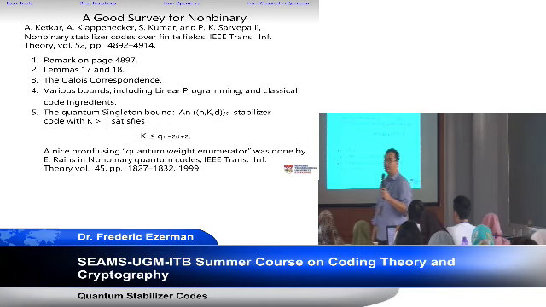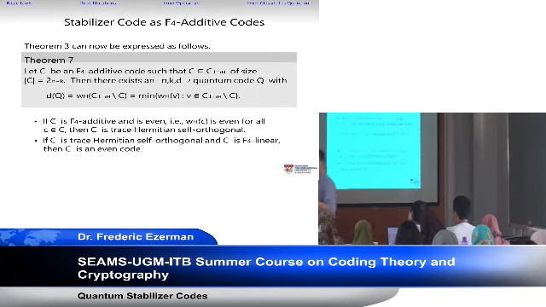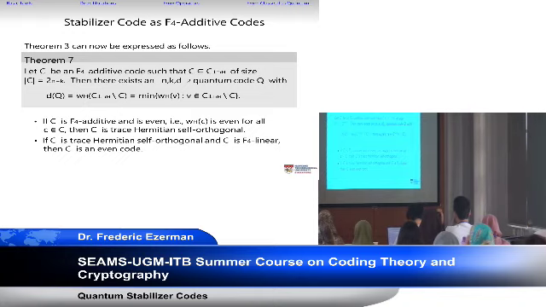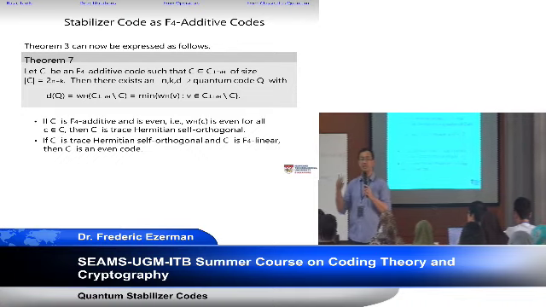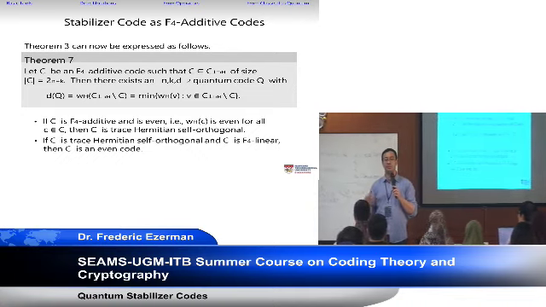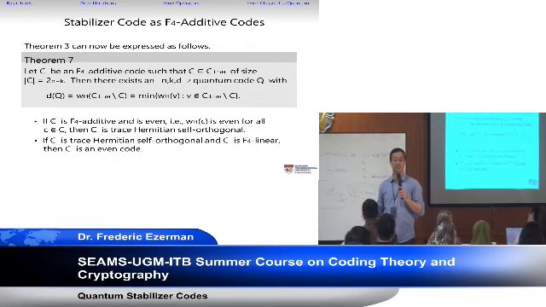Because they are ideals, and you know that in ideals, to divide is to contain. If your generator polynomial divides the other generator polynomial, that means that one is contained in the other. Nestedness is free. And then all this duality, Euclidean dual, Hermitian dual, you can characterize it using the polynomials.